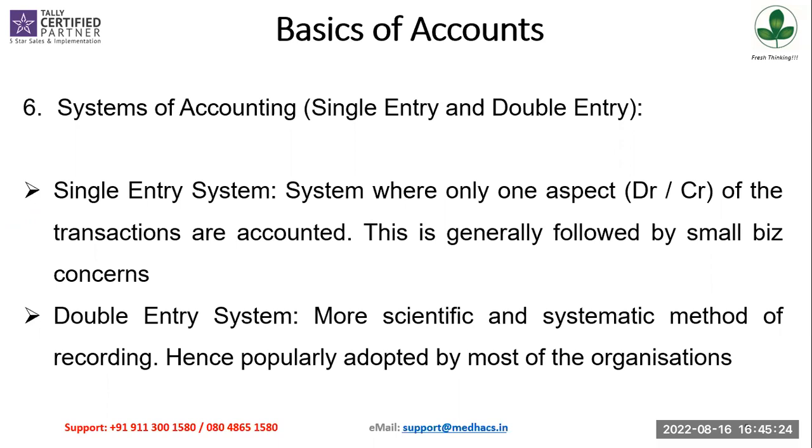Where both debit and credit are recorded, that is called the double entry system of accounting. And for all statutory purposes in India, everyone has to follow the double entry system of accounting.